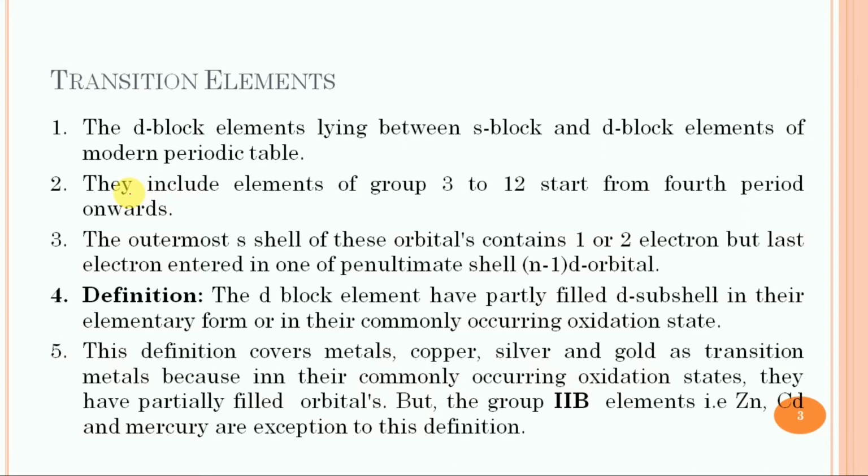In the modern periodic table, s block elements are placed on the left hand side and p block elements are placed on the right hand side. The elements which lie in between the s and p blocks are called transition elements. These include elements of group number 3 to 12 and having 4 periods.